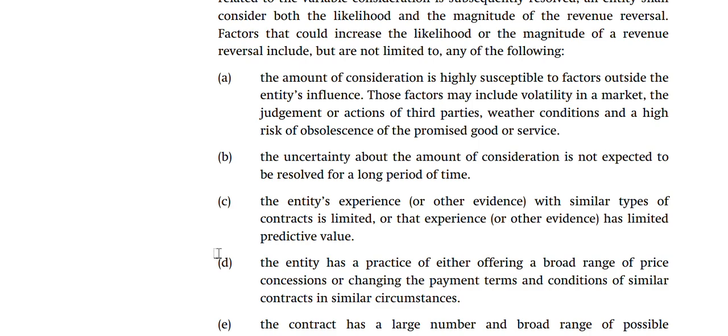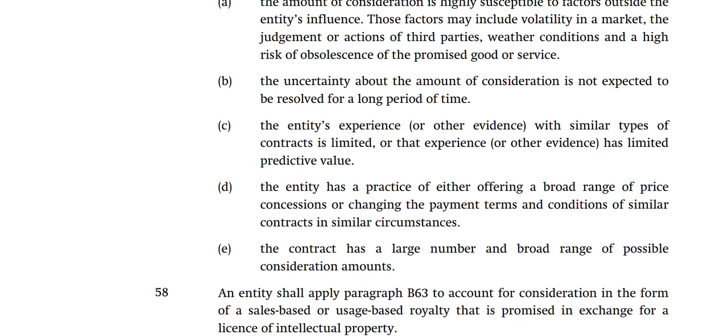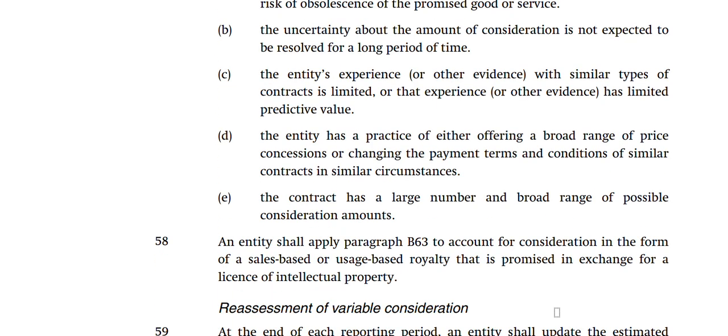C, the entity's experience with similar types of contracts is limited, or that experience has limited predictive value. D, the entity has a practice of either offering a broad range of price concessions or changing the payment terms and conditions of similar contracts in similar circumstances. And E, the contract has a large number and broad range of possible consideration amounts.